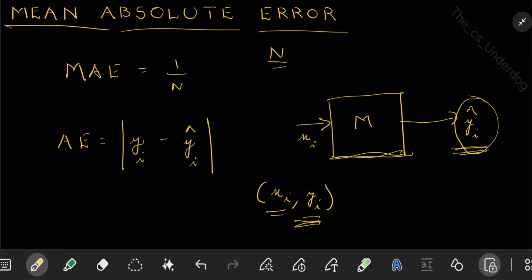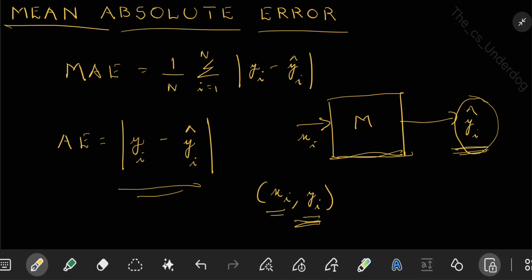You will do 1 by n, sigma i equal to 1 to n, si, where si is the ith sample. The same way, here you are taking the mean of absolute error, which is yi minus yi cap. So how will you find the mean absolute error? You will do 1 by n, sigma i equal to 1 to n. You will take this absolute error, mod of yi minus yi cap. This is your mean absolute error.